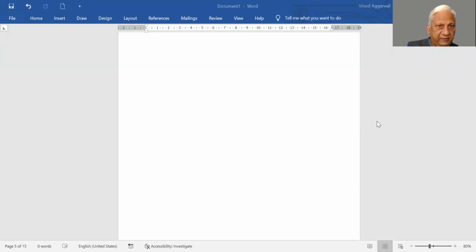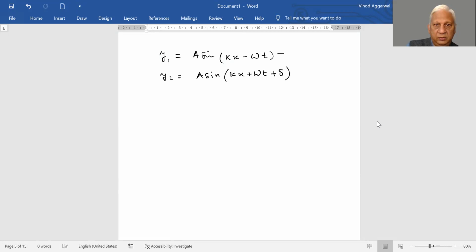As we have seen, standing waves are formed by interference of two waves, one going in the positive x direction and a reflected wave going in the negative x direction. Y1 we represented as a sine, and the reflected wave was, let us say there is a phase angle between these two.